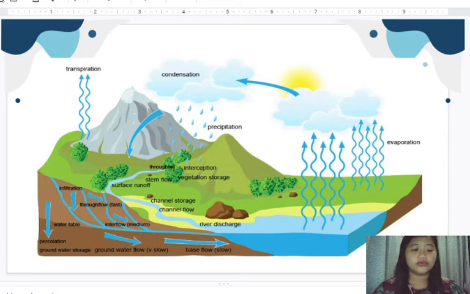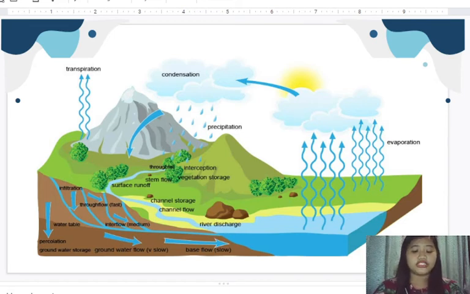Water always exists in all three places and in many forms: as lakes and rivers, glaciers and ice sheets, oceans and seas, underground aquifers, and vapors in the air and clouds. The water cycle has three major processes: evaporation, condensation, and precipitation.